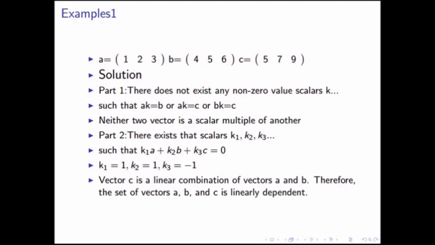Also, there exist scalars k1, k2, and k3 such that the equation is equal to 0. They are 1, 1, and minus 1 respectively. Since vector C is a linear combination of vectors A and B, the set of vectors is linearly dependent.